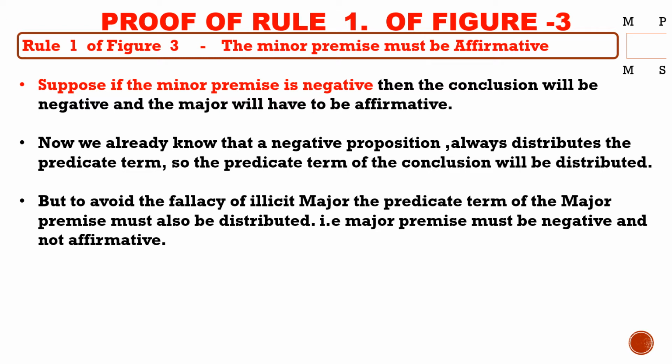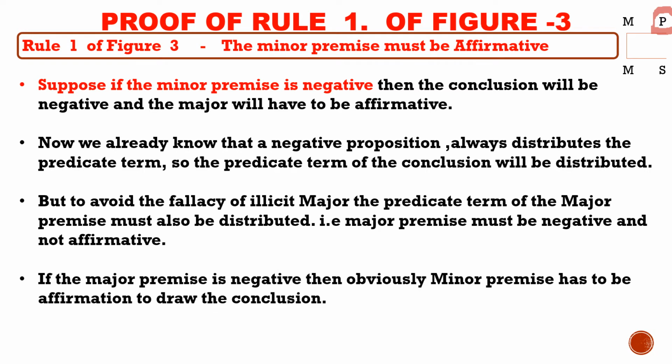If the predicate has to be distributed in the major premise, then the major premise will have to be negative, and not affirmative, right?